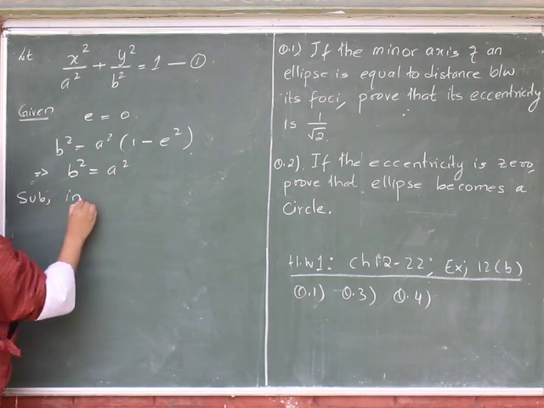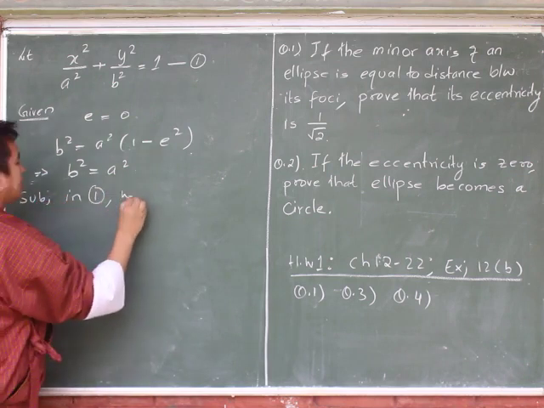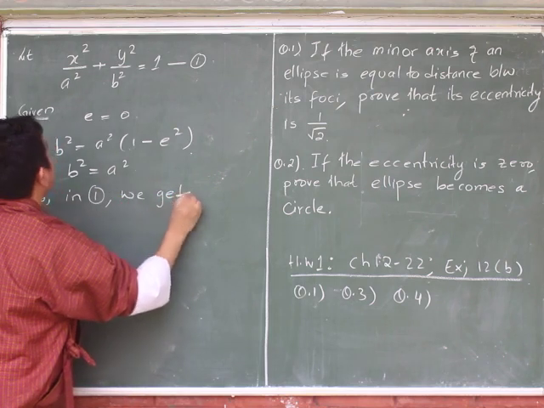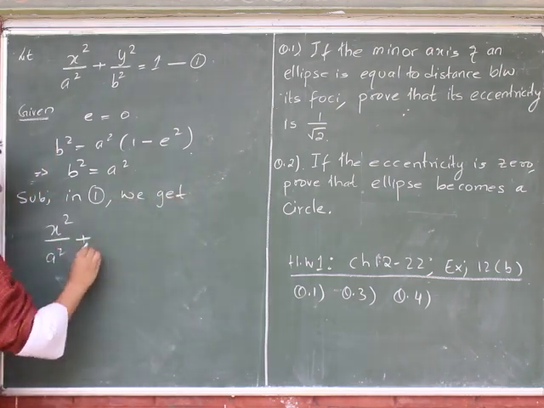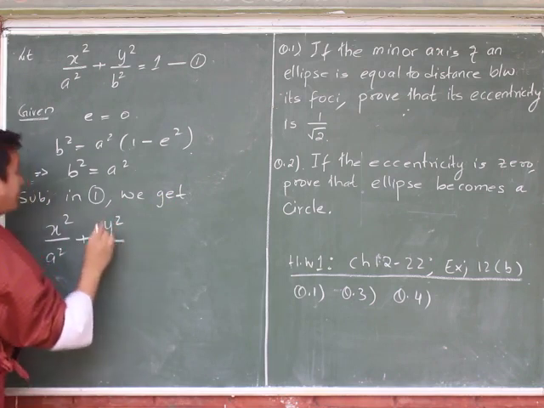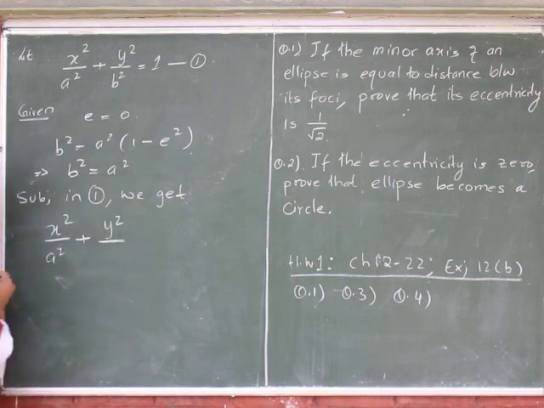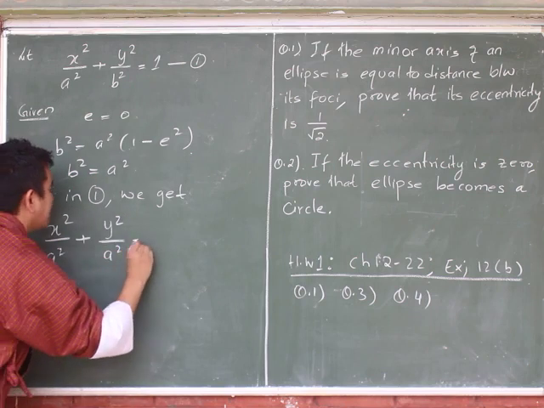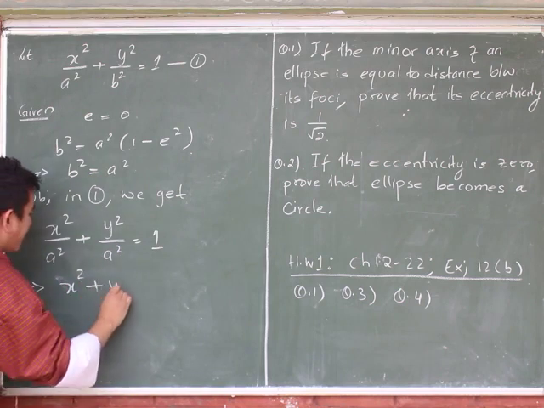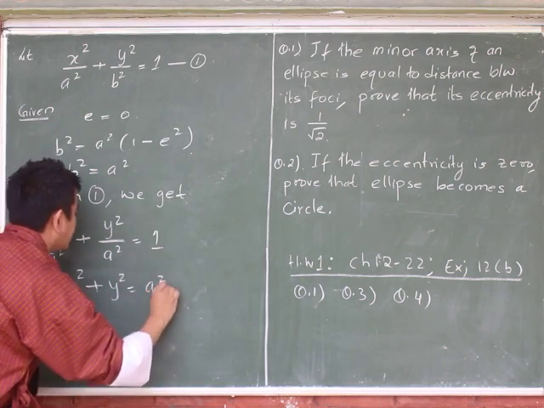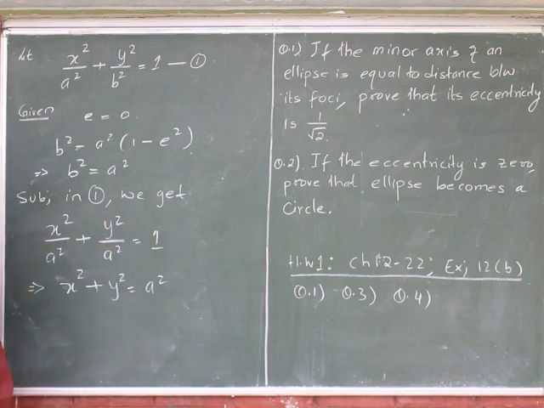We get x square by a square plus y square by, in place of b square substitute a square, equal to 1. We have the same denominator, so this becomes x square plus y square is equivalent to a square. Same denominator, take that side, cross multiply.